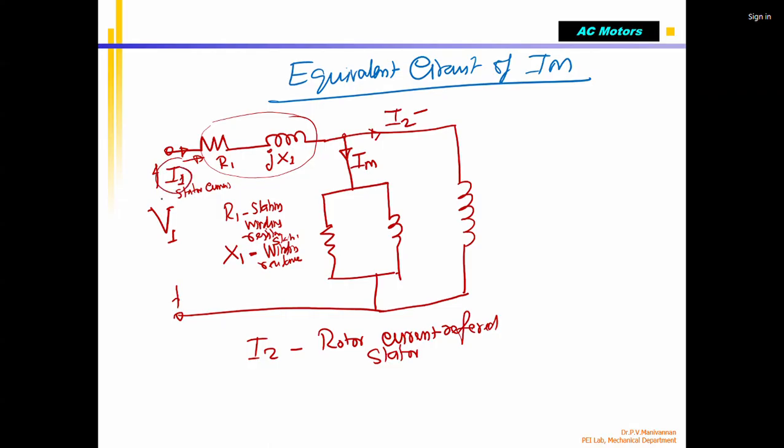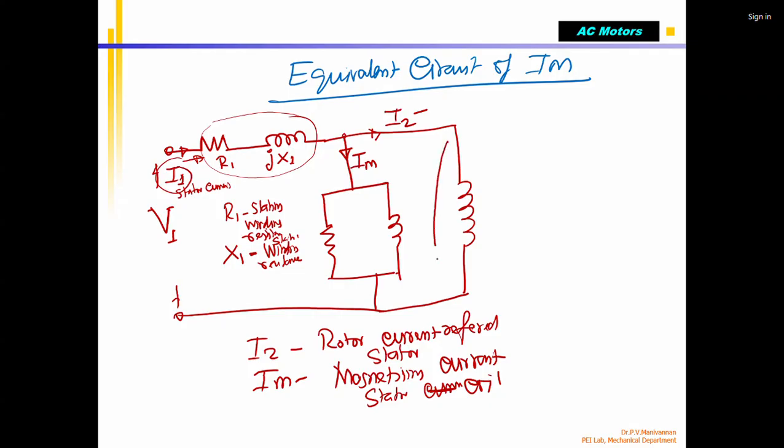That's why I2 is called the rotor current referred with respect to the stator, and IM is called the magnetizing current in the stator coil.